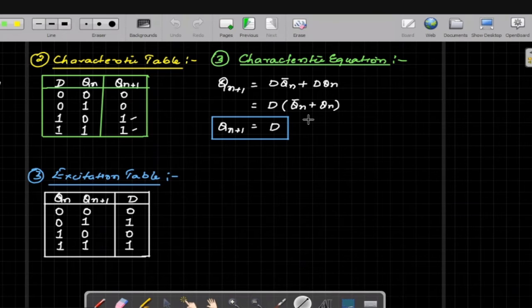And with this characteristic equation you can draw the excitation table for making the transition from your past output to present output. What input you apply at the input terminal, this information can be extracted from the excitation table.